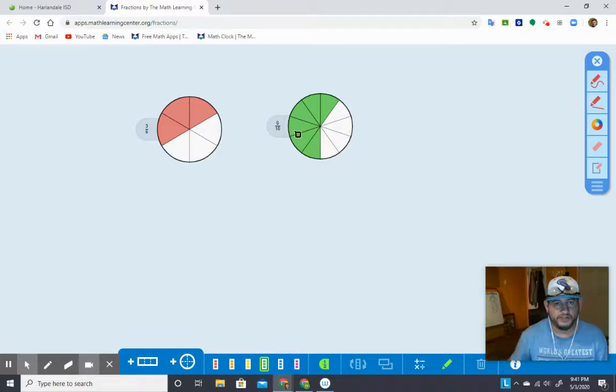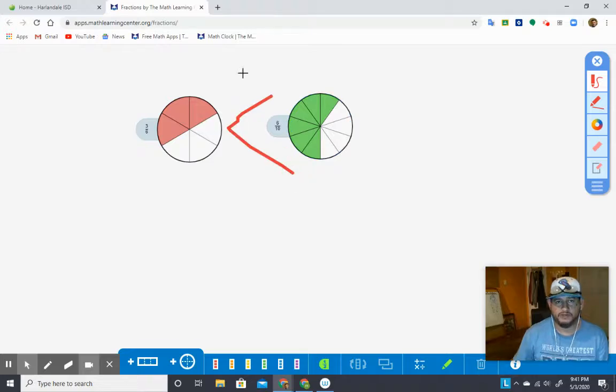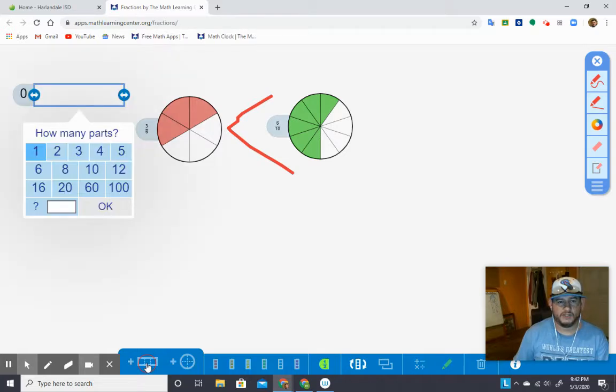Whenever you're looking at this, which one has the most pieces? Which one is taking up the most of the fraction? Right, 6/10. So in this case, I want to eat up this one because there's more of it. I like more.